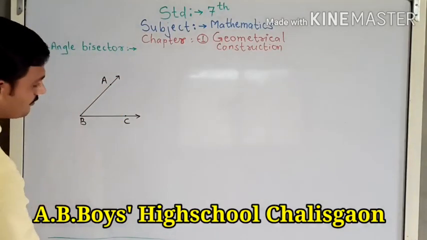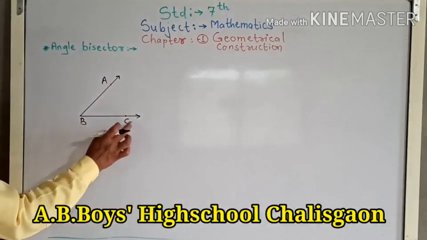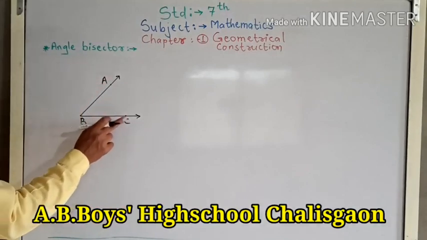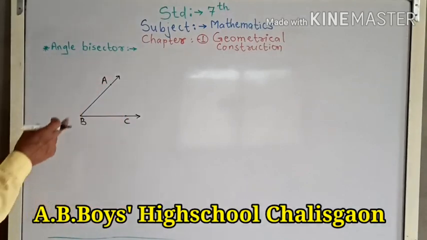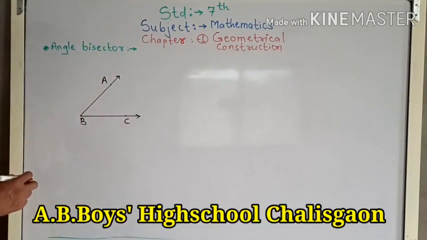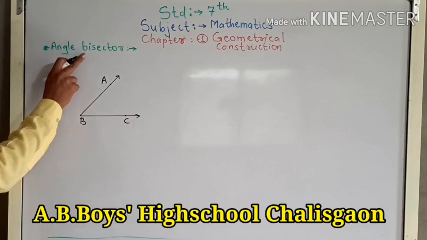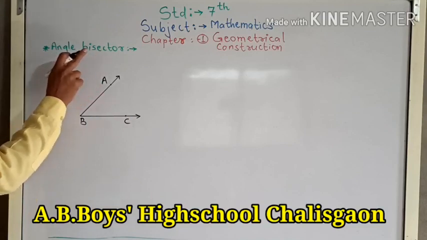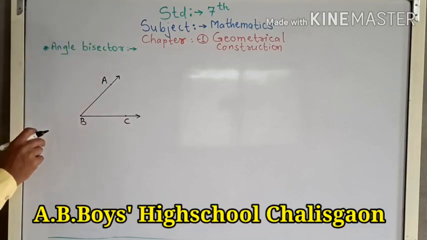Now the union of these two rays, ray BA and ray BC, is called angle ABC. Now bi means two, sector means parts, two equal parts.